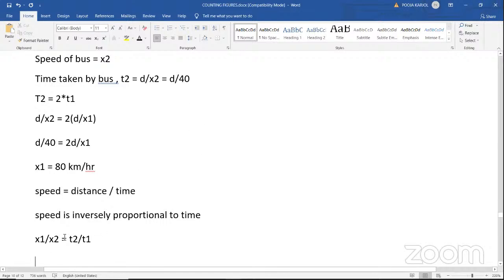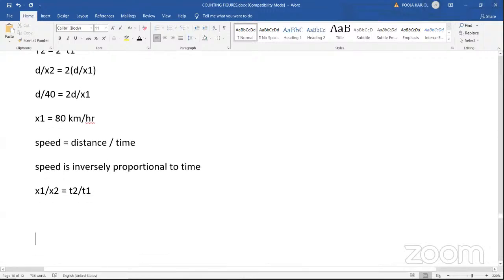So if I divide x1 by x2, x1 will be 1 by t1 divided by x2 which is 1 by t2. This you guys understood? Because it's inversely proportional, x1 by x2 will be equal to t2 by t1.